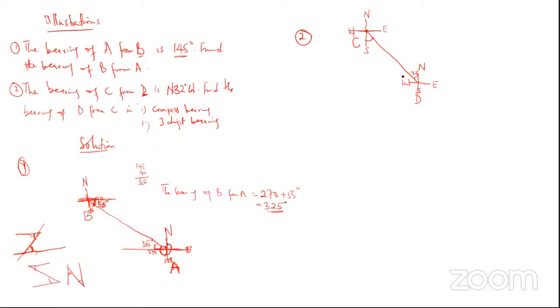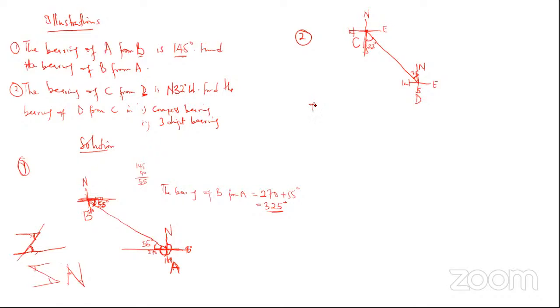So in this case now, how do we do it? Based on our Z angle, if this is the line here, it means this is 32, this one is true also 32 degrees. So it is 32 degrees towards the east.